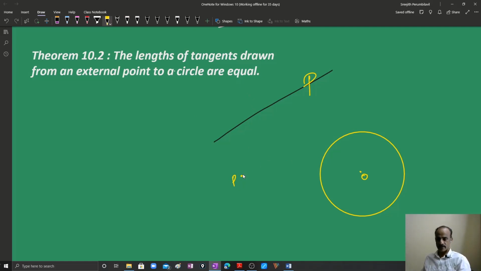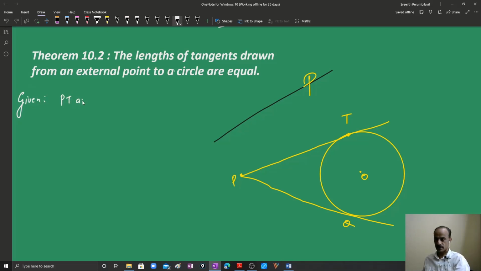How many tangents can be drawn? We can draw 2 tangents to a circle from this external point. Let us name them PT and PQ. So PT and PQ are 2 tangents to a circle with center O.